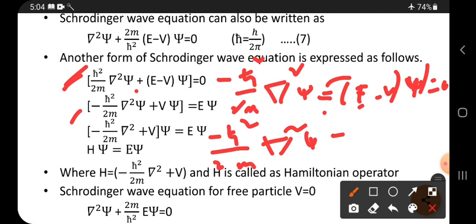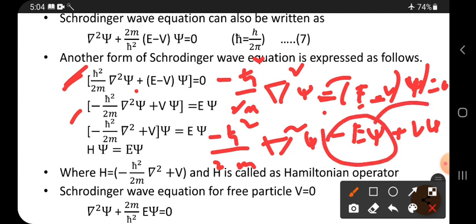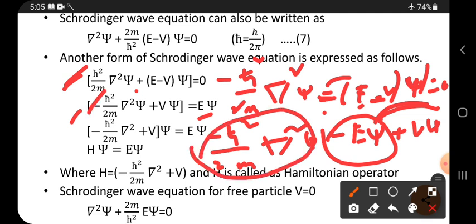Then minus e psi, and already minus is there, and this minus becomes plus v psi. Bring this minus e psi to that side, and the minus becomes plus. So already this term is here, and plus v psi is here, right? I think you have understood it. Okay, next.